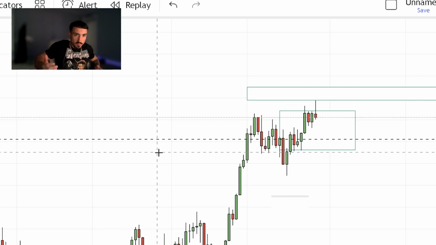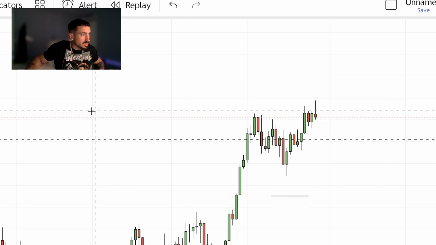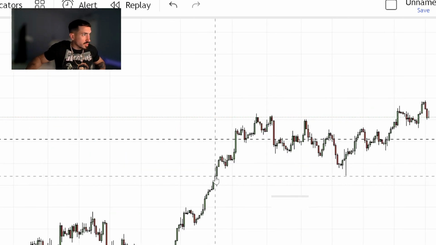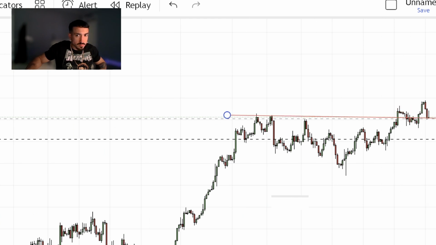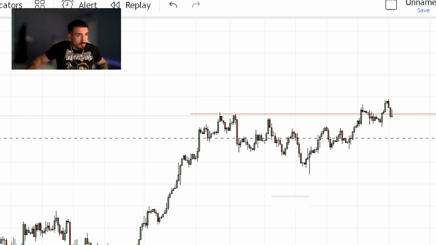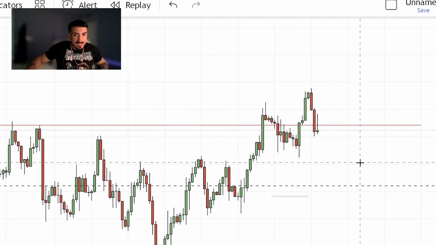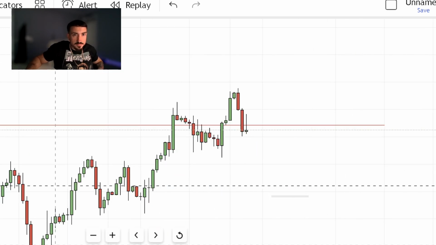Well, we're usually referring to ICT or smart money concepts, which basically means institutions will run through previous highs. This is the 4-hour chart. They will run through previous highs, taking out all the stops, and then getting in at better levels.